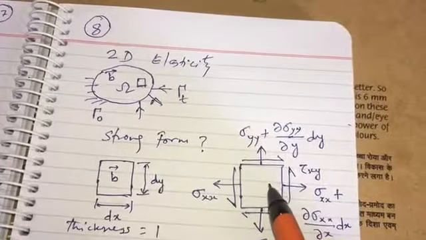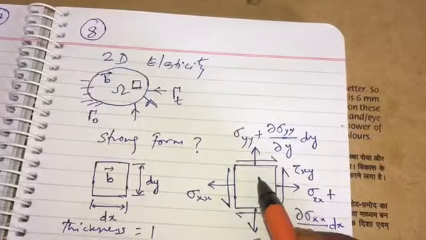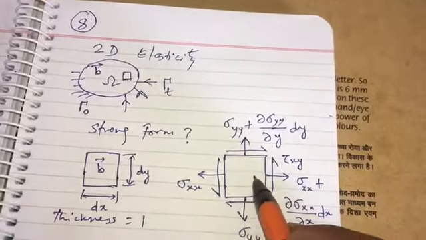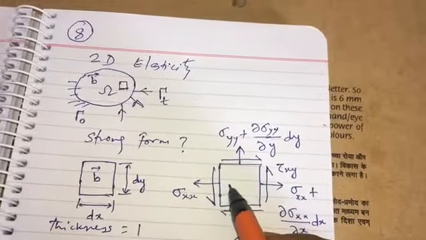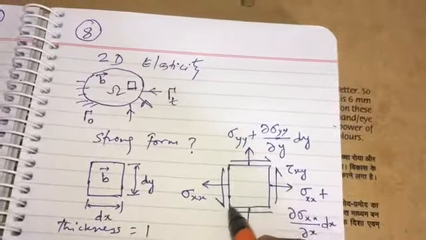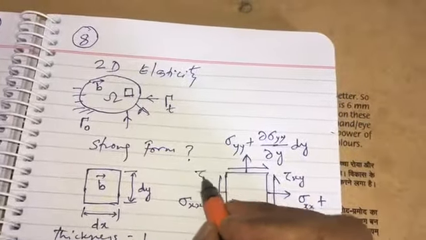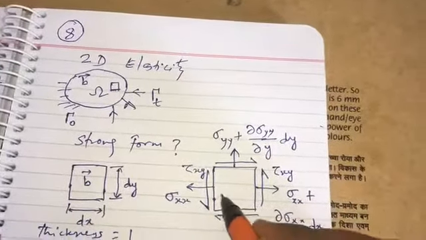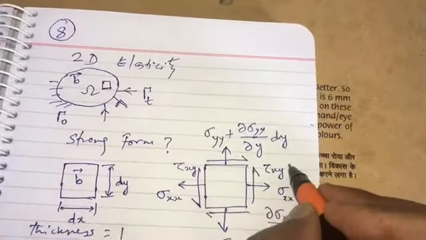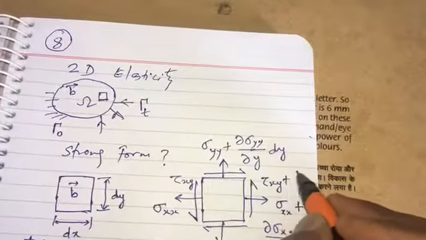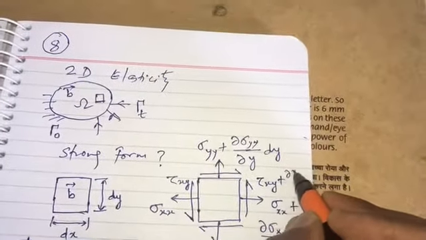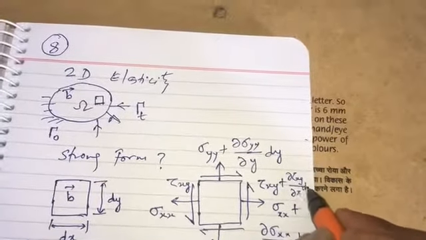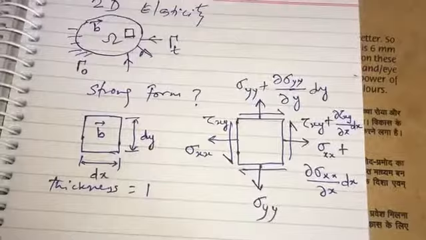However, if you take a very small element like this one, an infinitesimal area, then there may be variation. So from tau xy here, if you move by dx distance, here it could be tau xy plus del tau xy over del x times dx.